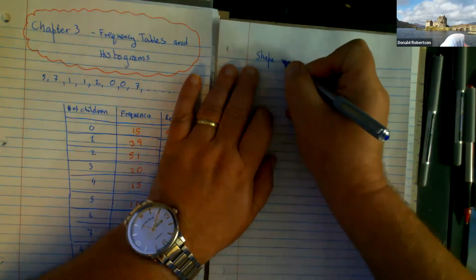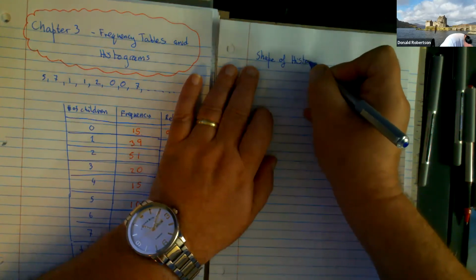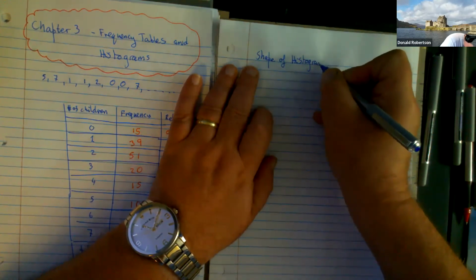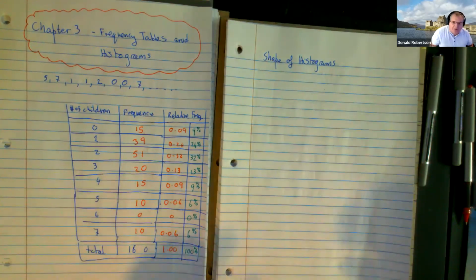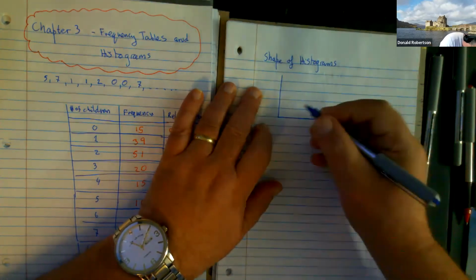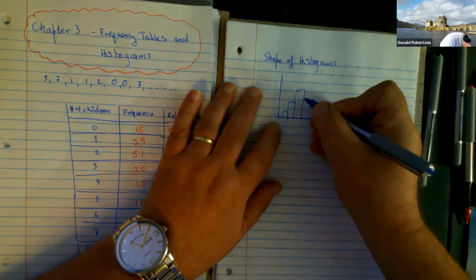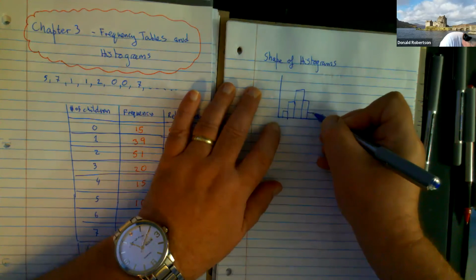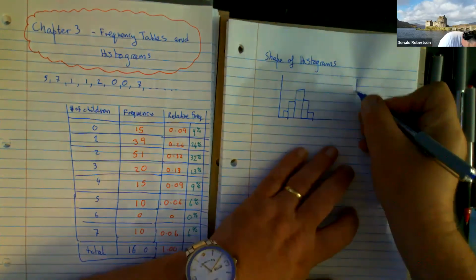the shape of histograms. We have a vocabulary that we use to describe the shapes that you get in histograms. Now, normally, if I had time, I would draw a histogram with lots of little rectangles, but they take too long to do.